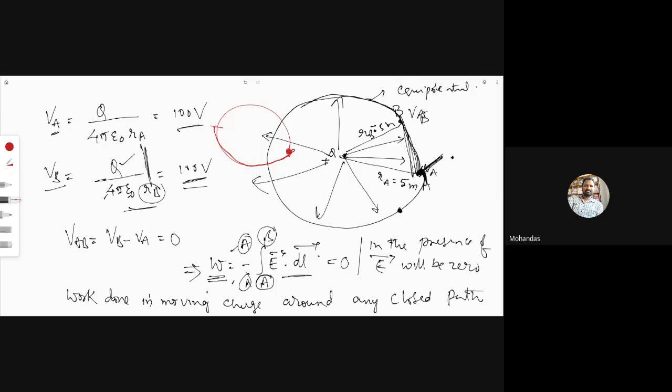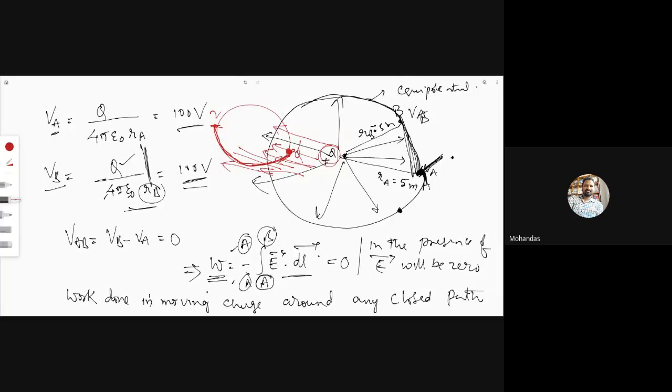If I want to move a particular charge Q here, as this electric field is in this direction, let us take this as point 1 and this as point 2. From 1 to 2, does the charge require any external energy? No, because the field is in this direction. There is no need to do external work to move the charge from 1 to 2, because it is in the same direction as the electric field produced by this stationary charge.